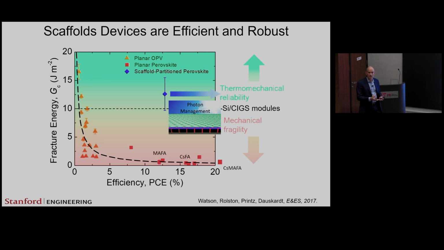It's an organic system, so you can get better, still not fabulous, but you can get better mechanical stability, but the efficiencies were low. And what these scaffold systems allowed us to do was to move way into this region over here to produce these cells that were both efficient and much more fracture resistant.